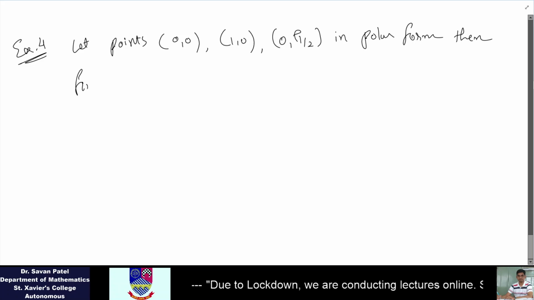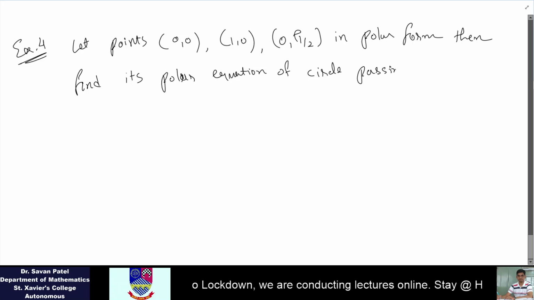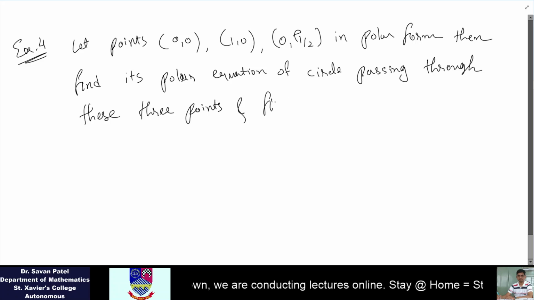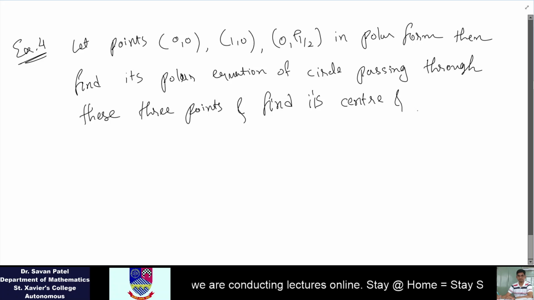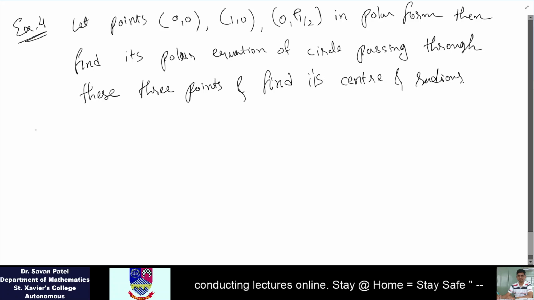Then find the polar equation of the circle passing through these three points, and find its center and radius. So here the question has more complexity, but the solution is simple.